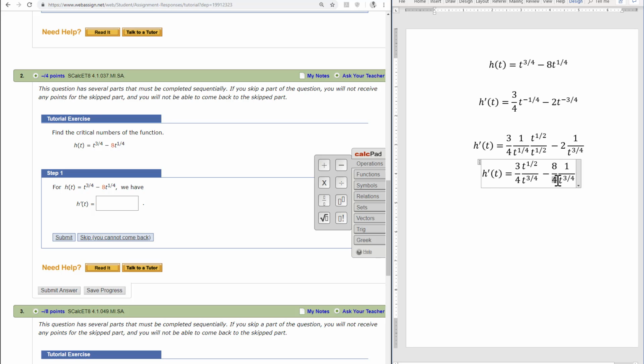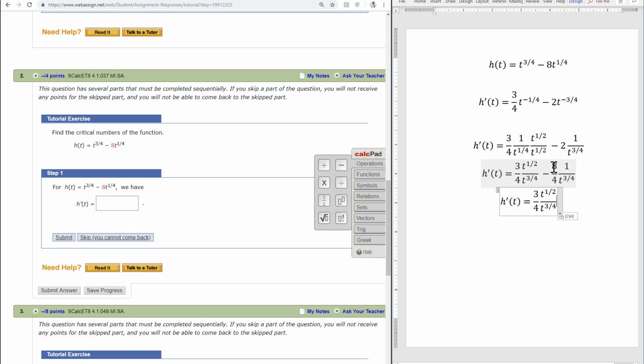And then now we have 4t to the 3/4 in the denominator for both of them, so we can combine it. So let's combine it. What are we going to have?